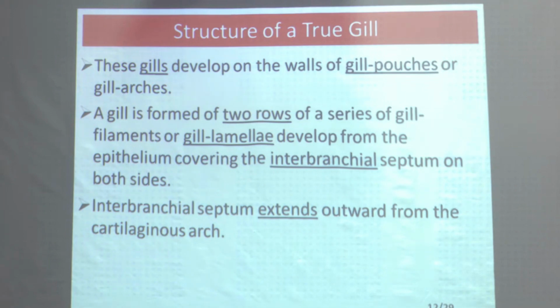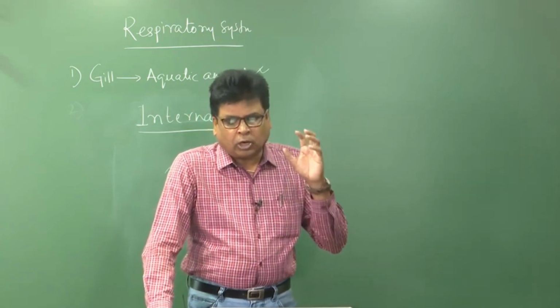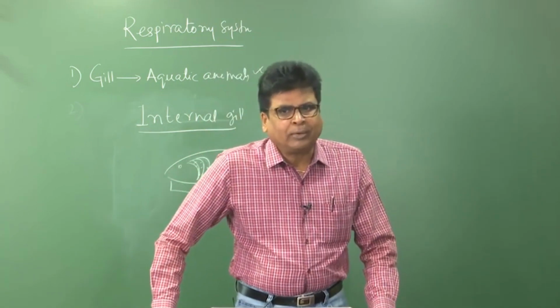A gill is formed of two rows of series of gill filaments or gill lamella, developed from the epithelium covering the interbranchial septum on both sides. The interbranchial septum extends from the cartilaginous arch. So a gill is formed of two rows of series of gill filaments, known as gill lamella.